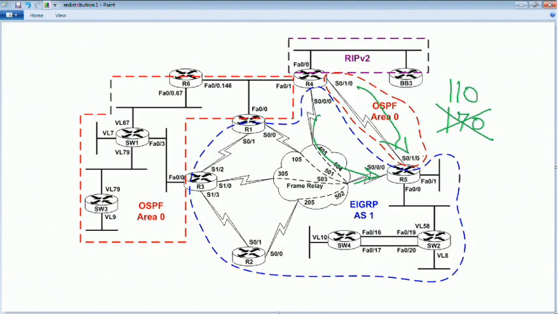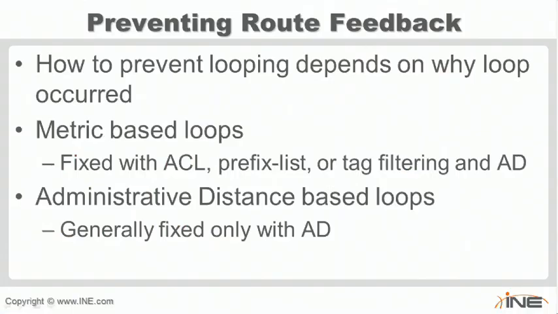Now, ultimately, the fix for these loops is going to depend on why the problem happened in the first place. In the case of a metric-based loop, we generally can do some sort of filter that is going to delete the route that was chosen based on the wrong metric.